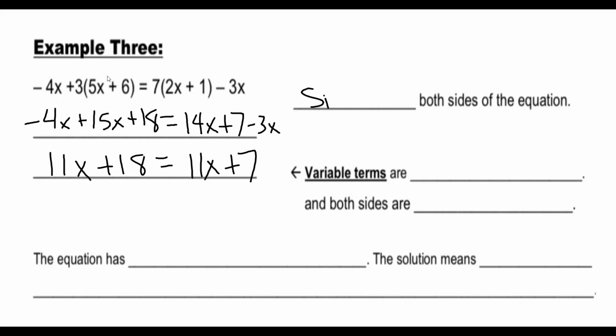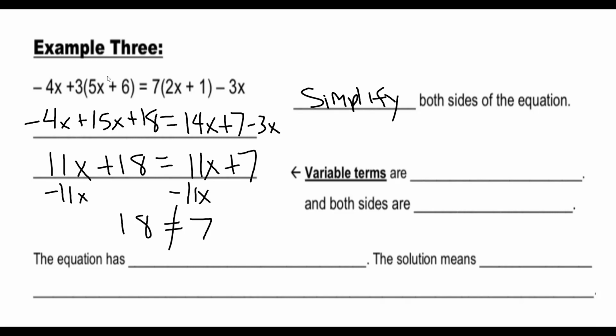So we simplify both sides of the equation. This is as simple as we're gonna get. And remember, if we were to subtract 11x, if we were to cancel out those variable terms, we're going to get 18 equals 7. And that is not true. 18 does not equal 7.